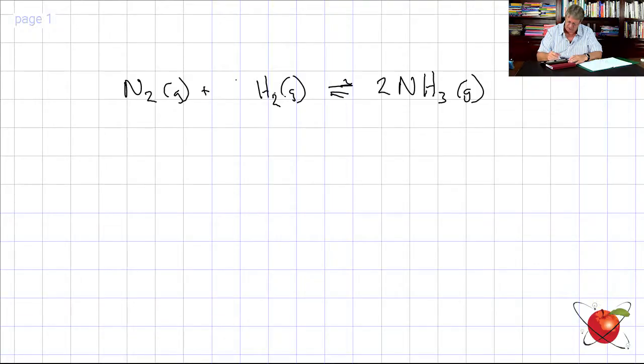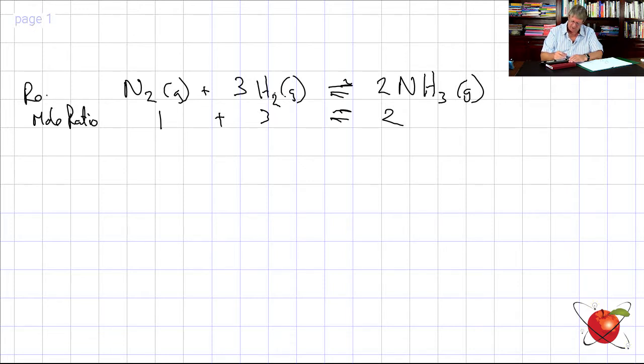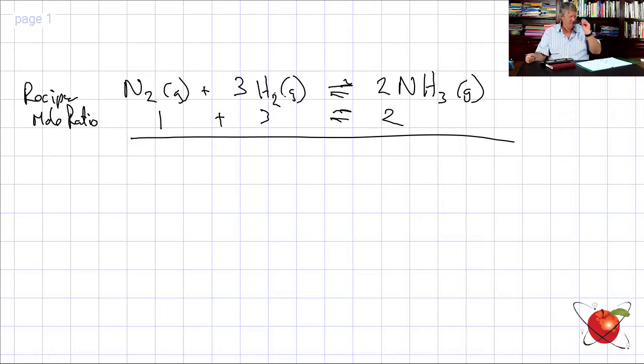For nitrogens, we need a 2 there, and we need a 3, and then we write down 1 plus 3 goes to 2. This is our mole ratio, our recipe, if you like. Previous years I've used the word recipe, but it's the mole ratio of the reactions that occur. That essentially is our Harbour process.